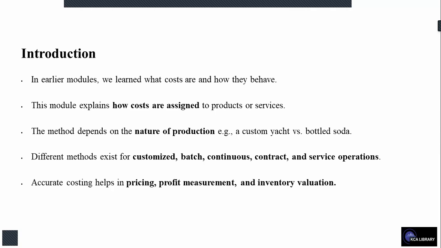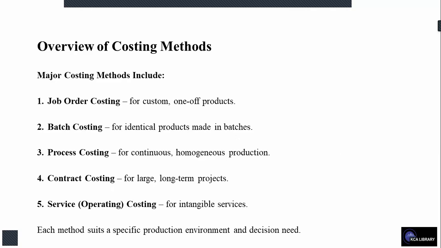Different methods exist for customized, batch, continuous, contract and service operations, and accurate costing will help in pricing, profit measurement, and inventory valuation. Let's look into the costing methods one after the other.